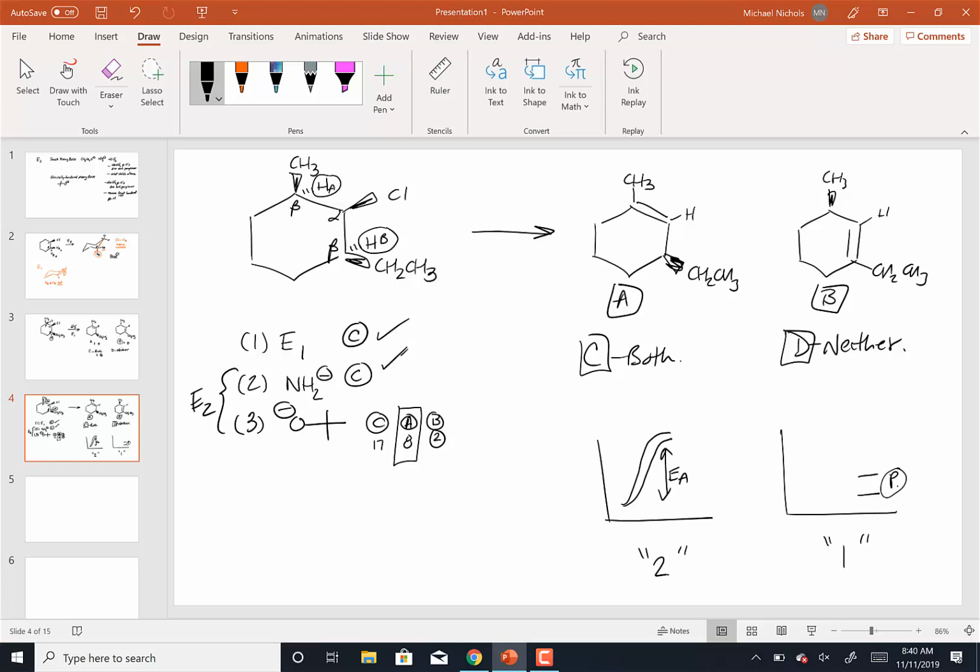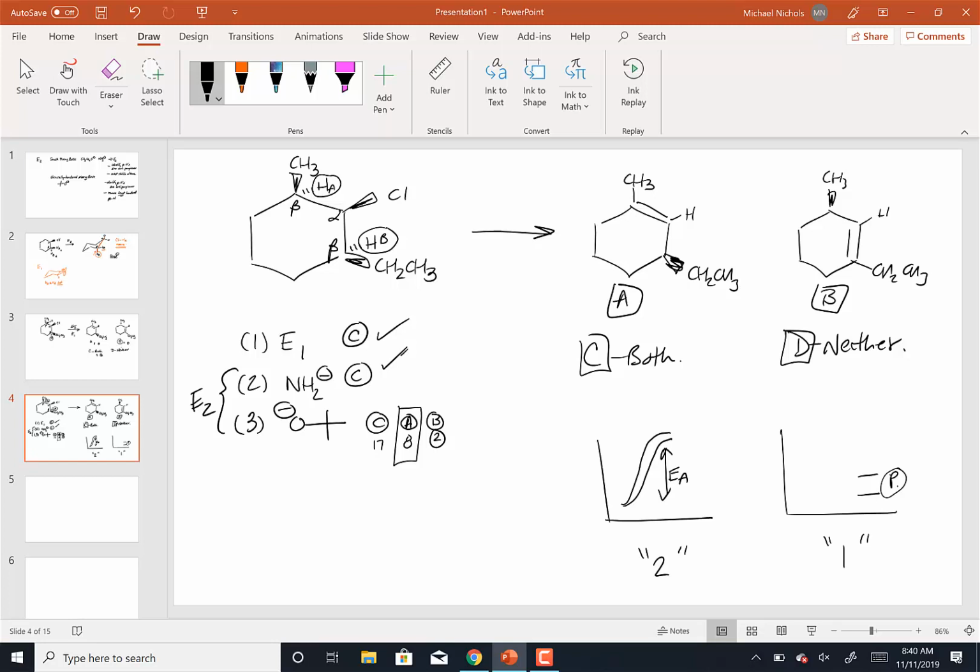You're going to see a lot of the same problems in chapter 11 that you saw in chapters 9 and 10. I think they just put the same problems in again. So it's important to keep track of all the features of SN1, SN2. Now we've thrown in E1.